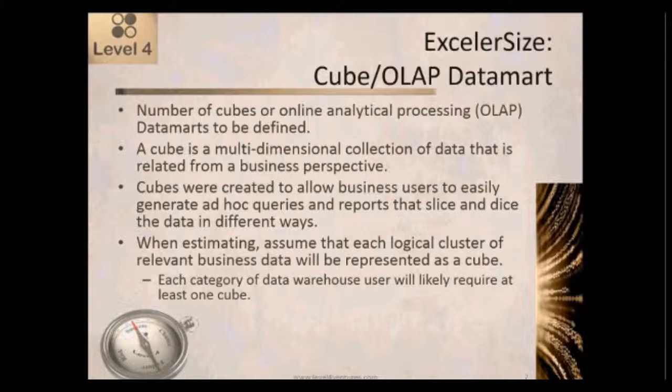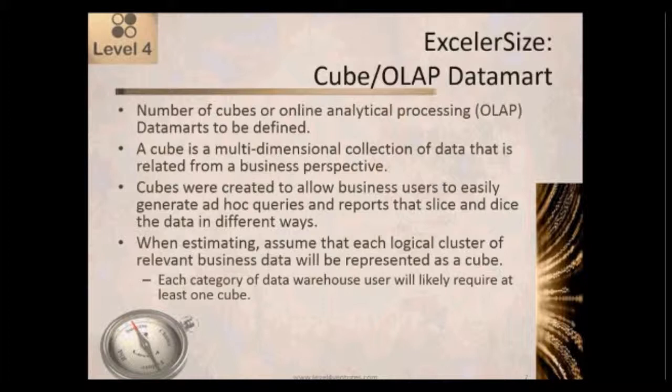When you're estimating, you would normally assume that each logical cluster of relevant business data is going to ultimately be represented as a cube in the data warehouse design. So each category of data warehouse user is likely going to require at least one cube. So if your sales team is going to be using the data warehouse, they're probably going to want at least one cube to represent the data that's relevant to them.